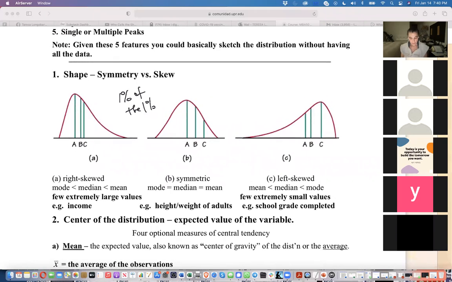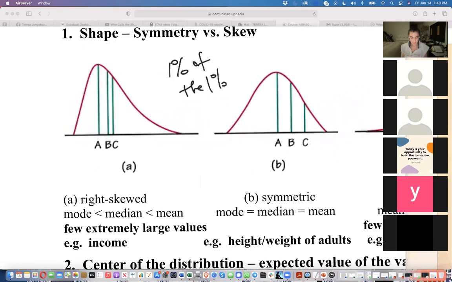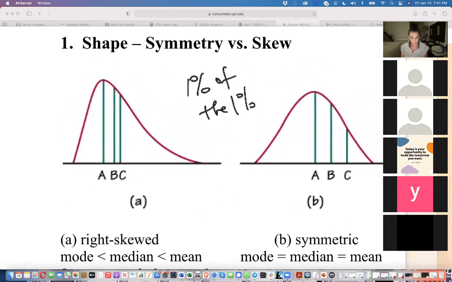When we talk about center or the expected value, we're going to differentiate between measures. This is our example here. We're going to talk about this spot here. The observation class here is known as the modal class. Sometimes you talk about the most frequent observation, but we just refer to the class where the most observations occur.